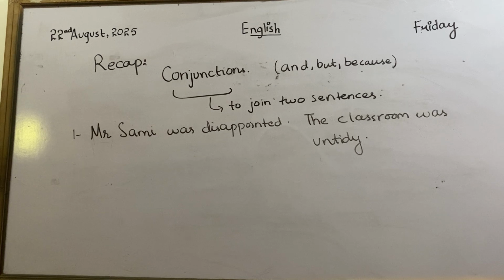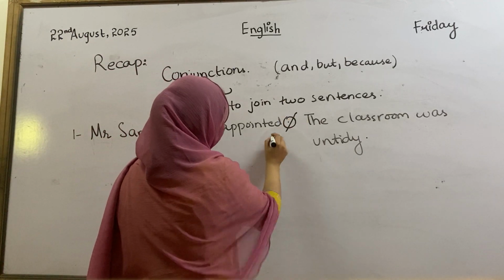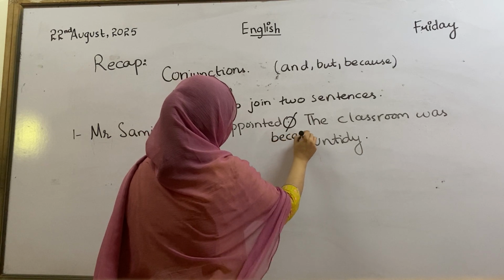The classroom was untidy. Now these are the two sentences and we have to use a conjunction to join them. So which one is suiting here better? And, but, or because? Mr. Sami was disappointed and the classroom was untidy? Or Mr. Sami was disappointed but the classroom was untidy? Or Mr. Sami was disappointed because the classroom was untidy? So what makes sense here? Because. Very good. So what you have to do, remove the full stop and add because.